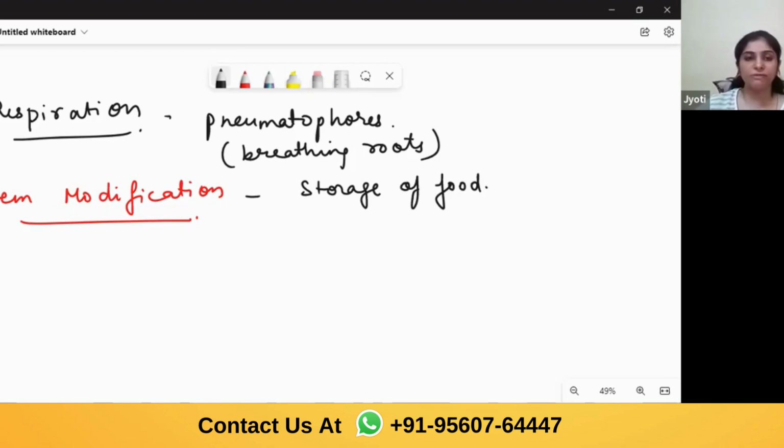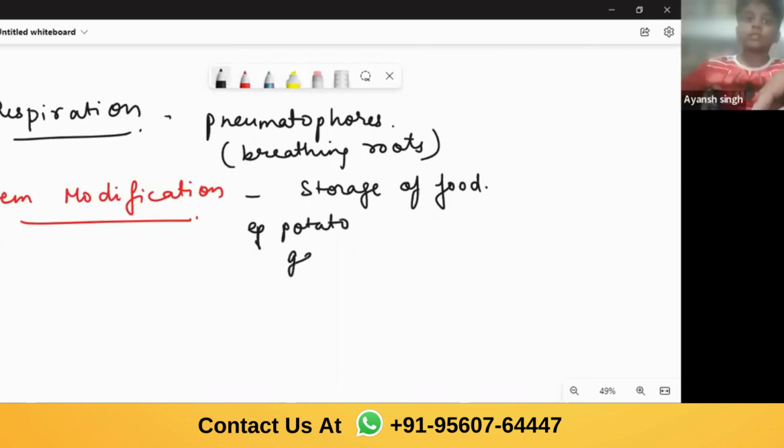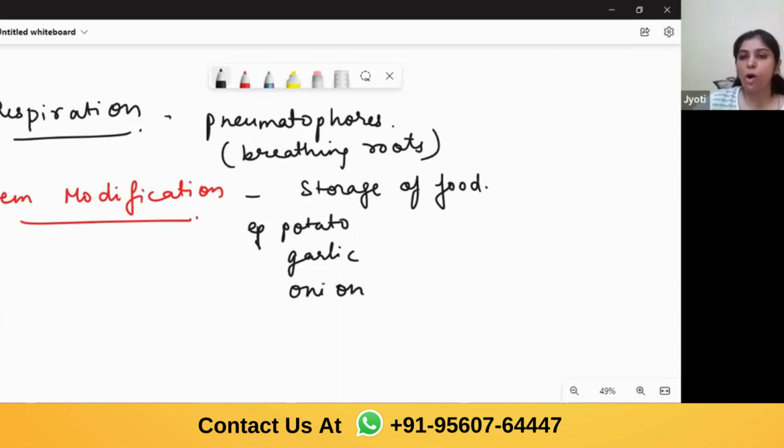Yes, Ayansh, can you give me the examples of the stems which store the food and we eat it? Potato. Potato, yes. Example is potato, garlic, onion. These are all the examples of the stem which are storing the food.